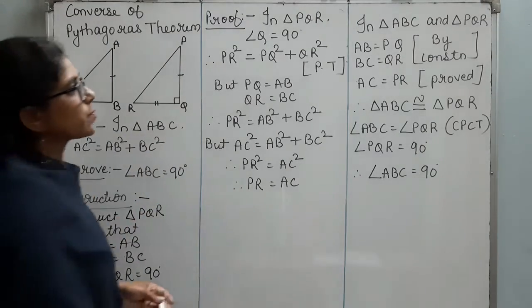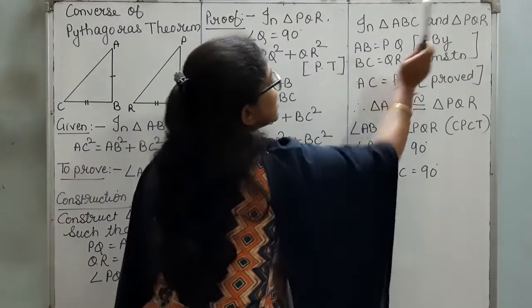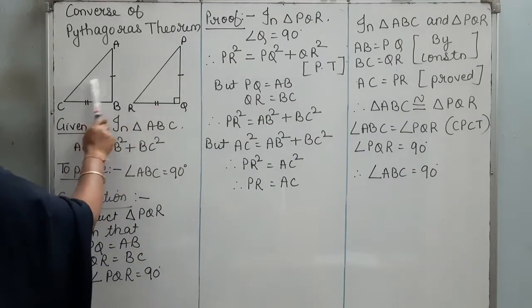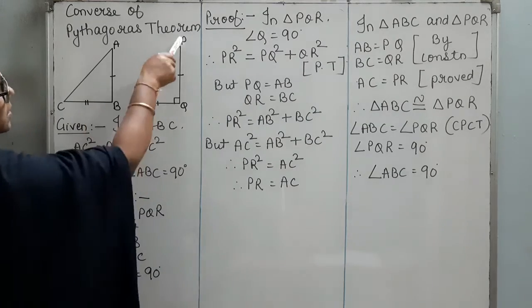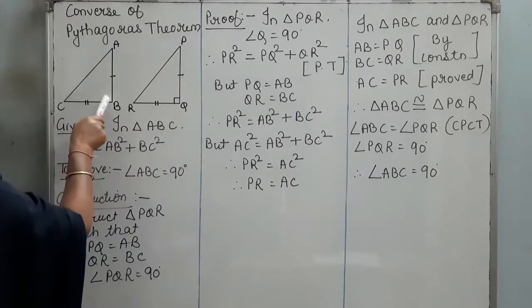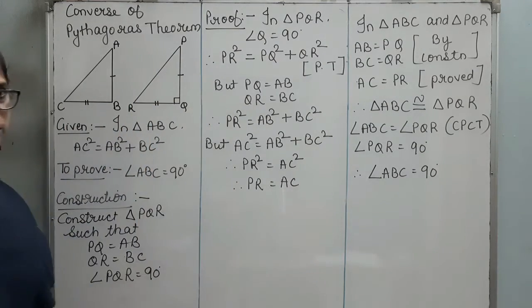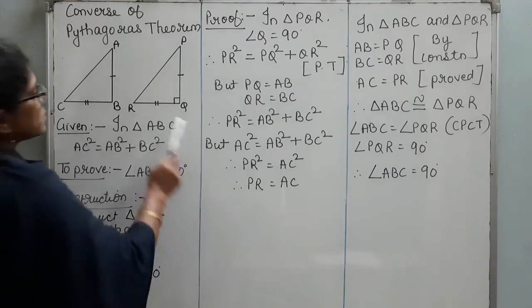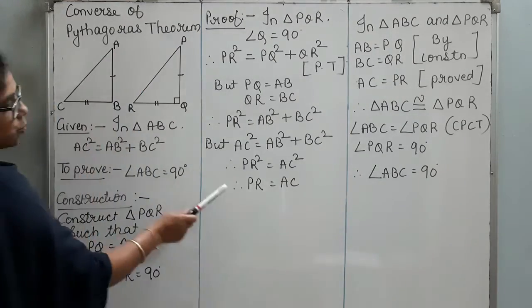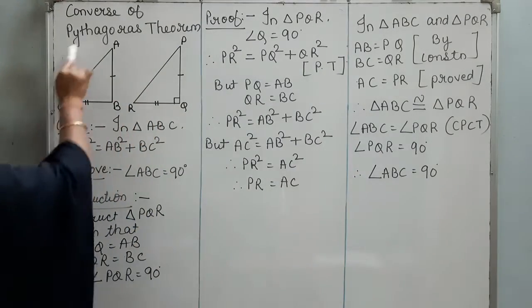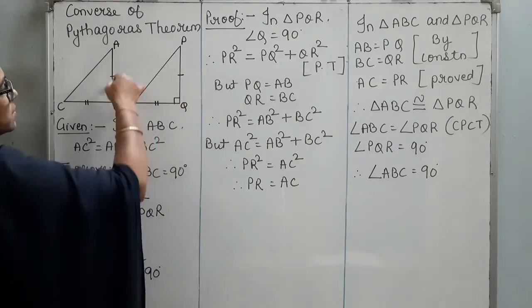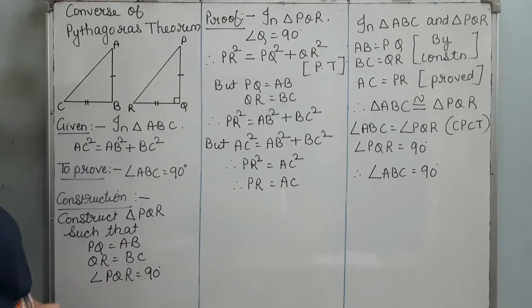Let us proceed. Now in these two triangles ABC and PQR, AB is equal to PQ, BC is equal to QR, this is by our construction, and AC is equal to PR. This is what we have proved here. So all three sides of this triangle are equal to all three sides of triangle PQR.